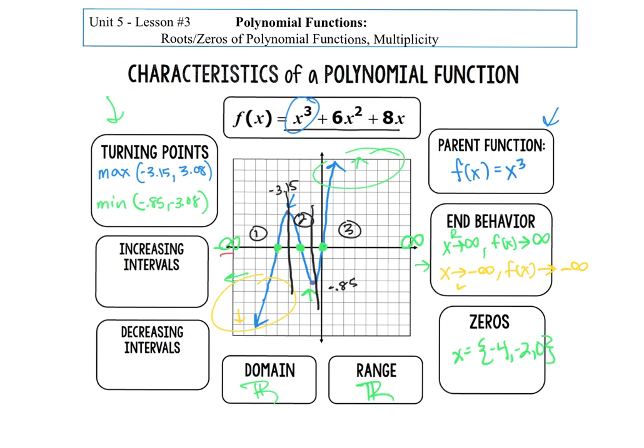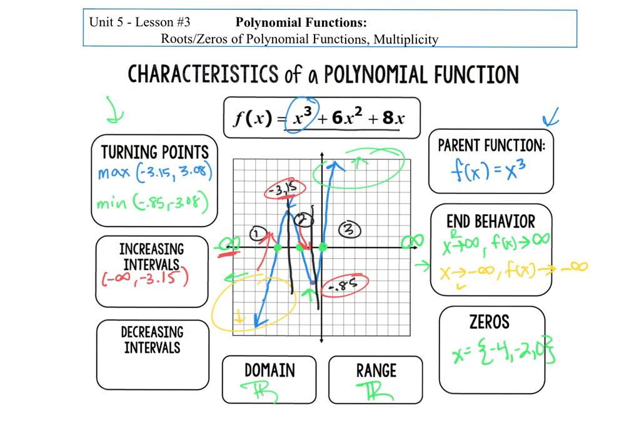Between negative infinity and negative 3.15, between those x values, are we going up or down from left to right? You'll see we're going up. So that's an increasing interval, from negative infinity to negative 3.15. Now my section 2 is between x values negative 3.15 and negative 0.85. Between those two x values, from left to right, we're going down.